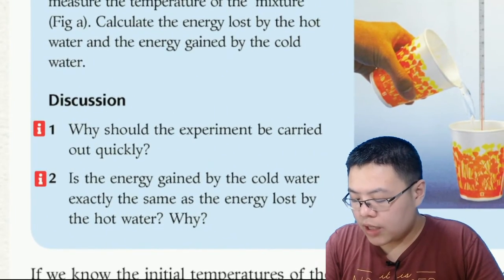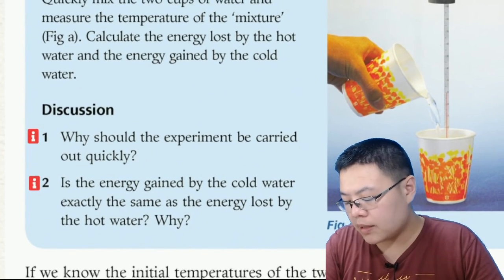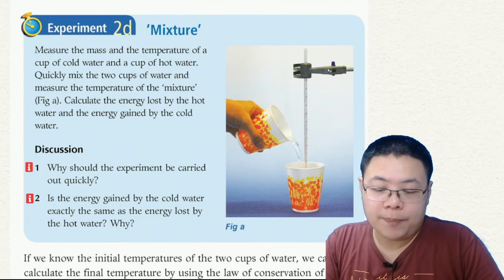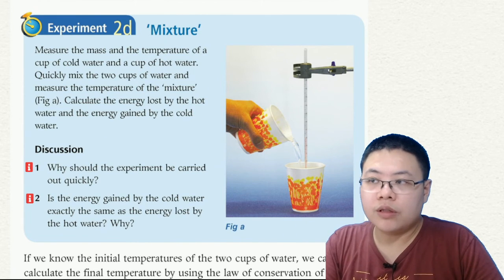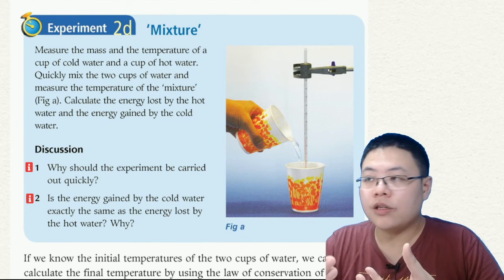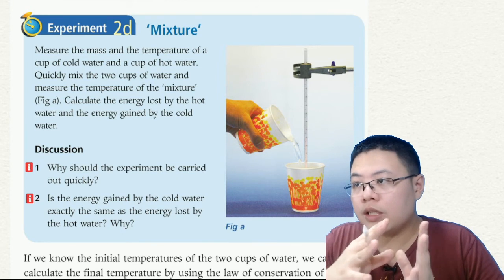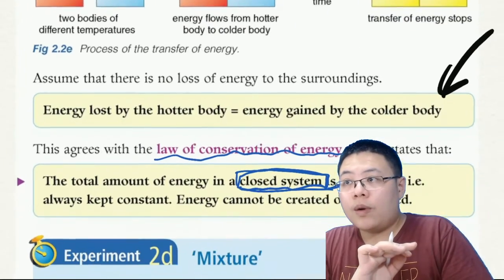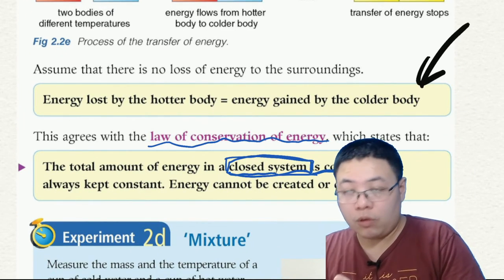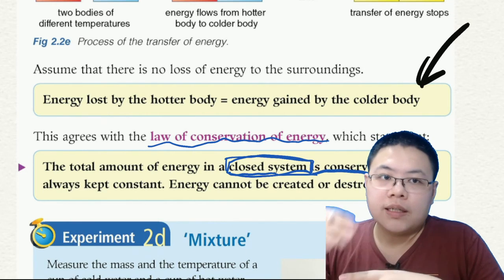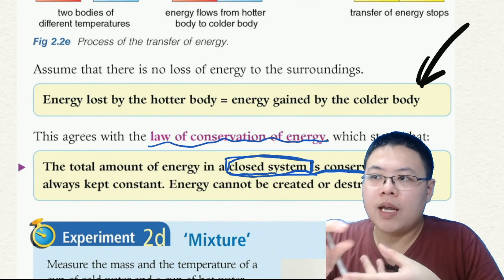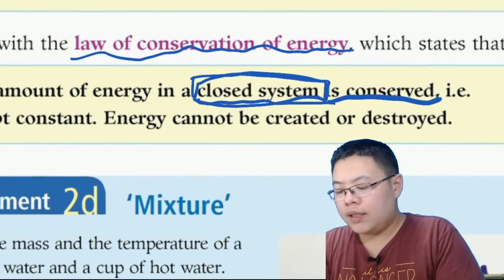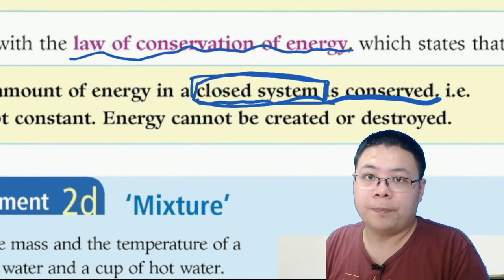Number 2, is the energy gained by the cold water exactly the same as the energy lost by the hot water? In theory, it might be, but in real life, usually not, because the cup will absorb some energy, the thermometer will absorb some energy, and the environment will also absorb some energy. So this yellow box is about correct, but in real life it is less ideal, and there will be a percentage of error because it is not a closed system.